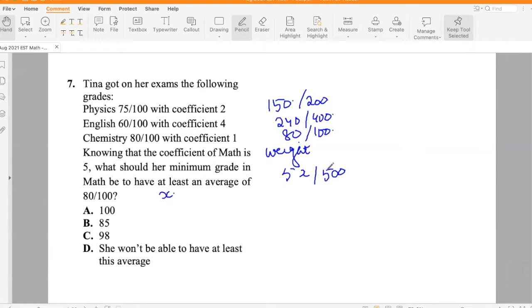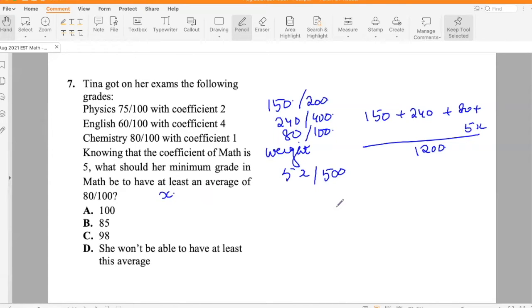Now, average of 80 by 100, right? So this would be 150 plus 240 plus 80 plus 5x divided by 5 and 1, 6 and 4, 10 and 2, 1200, right? And she should have an average of 80, right?